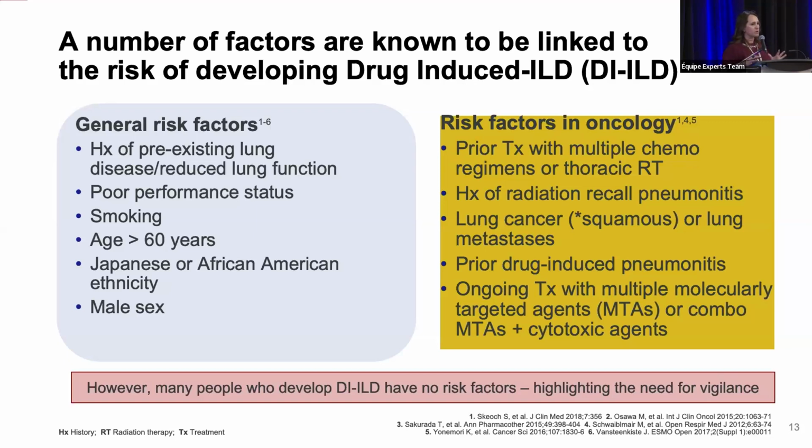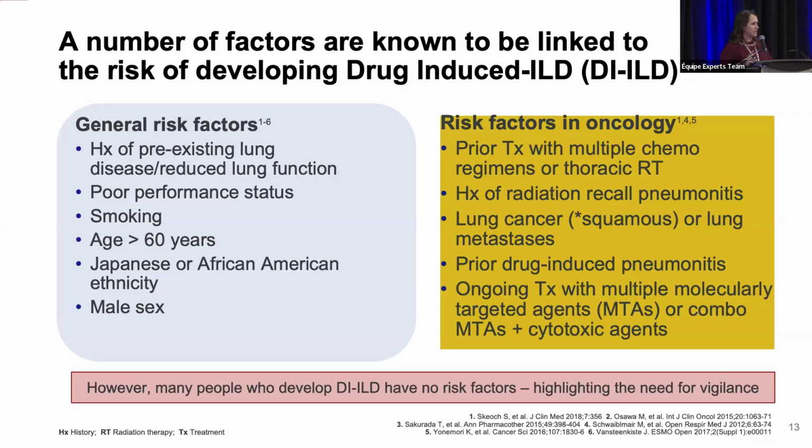Pertaining specifically to our oncology world, other additional risk factors certainly can include prior treatment with multiple chemotherapies. Why? Because they might have already been exposed and had some lung injury from previous therapies. A history of radiation treatments, radiation recall pneumonitis. This can predispose to drug-induced lung injury with re-exposure to new drugs.